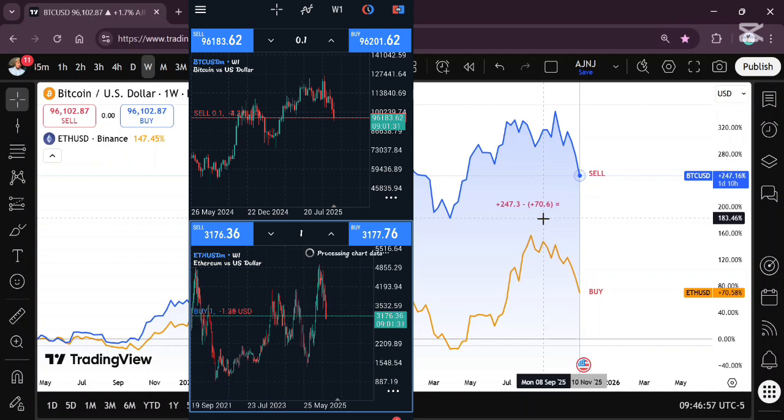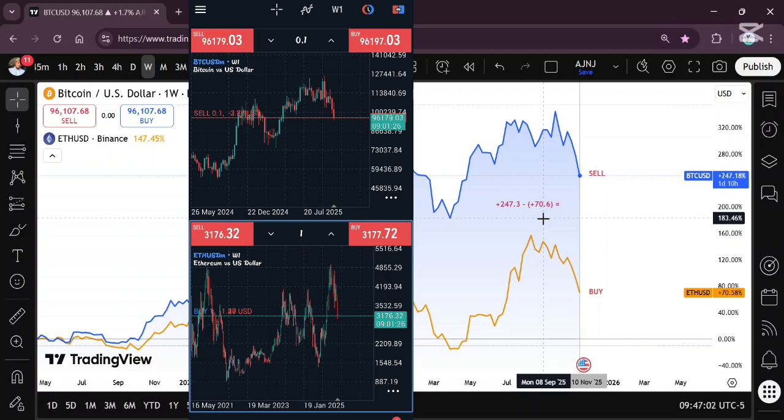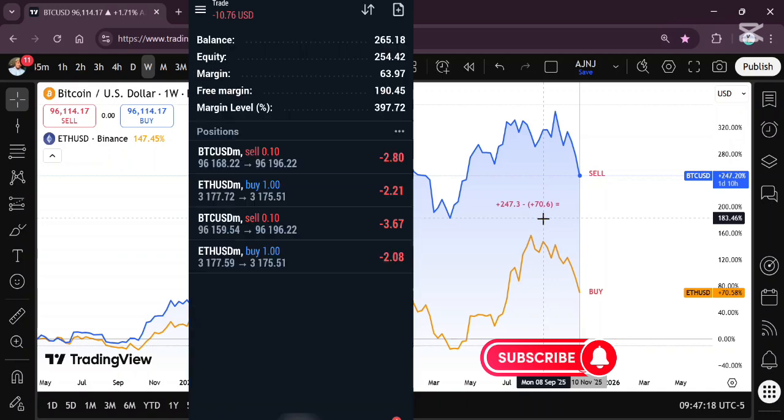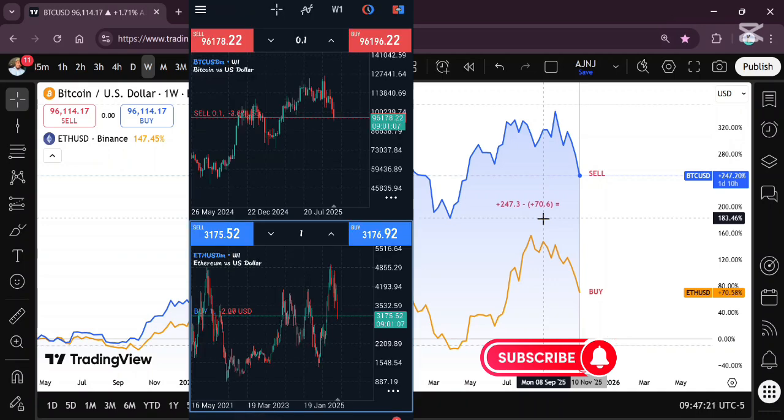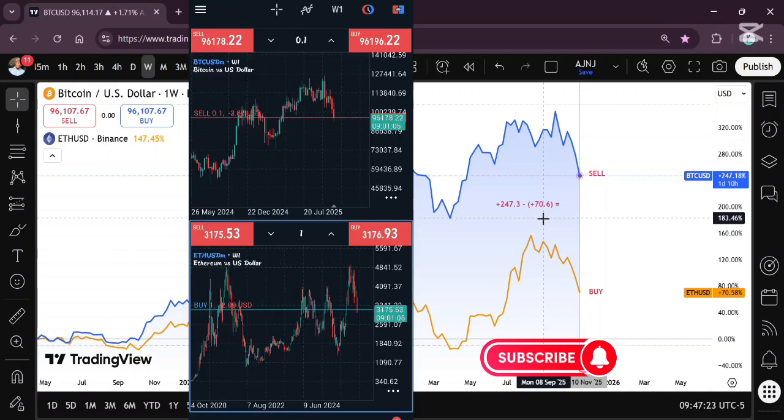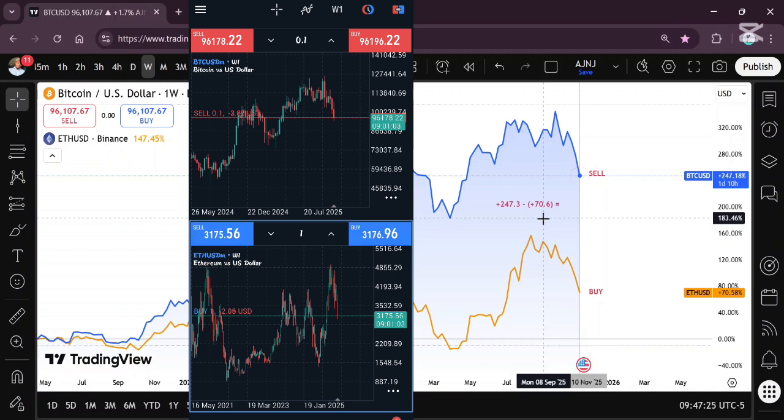If it's not something that works, some persons might not be able to do what I do here live. Even directional trading is 50-50. But this one, like I said, is 90% sure. The strategy itself makes it 90% sure.